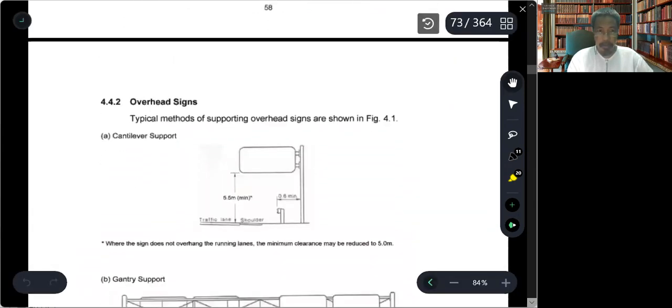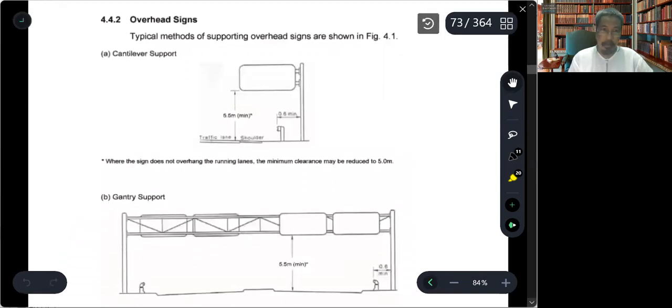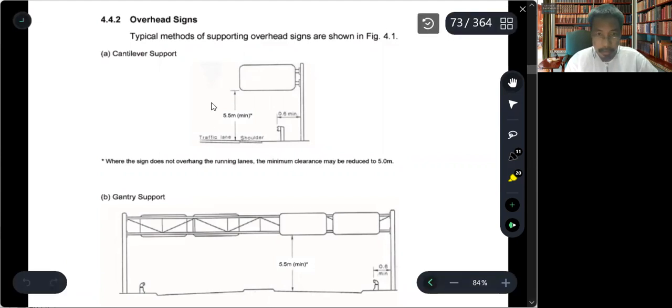What about overhead signs? So we have the following types of support. Typical methods of supporting overhead signs are shown in this picture. Here, an overhead sign where we are only using one post or one column.